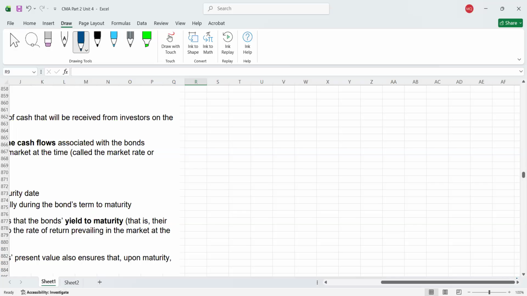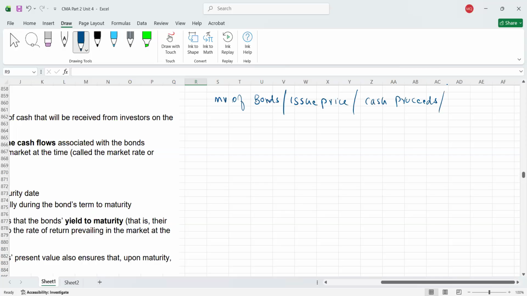If in your exam question, he asks you to calculate the market value of a bond, you will do the same calculation which I will show you. If he asks you for the issue price of the bonds, again you will do the same calculation. If he asks you to calculate the cash proceeds through the issuance of bonds, again you will do the same calculation.